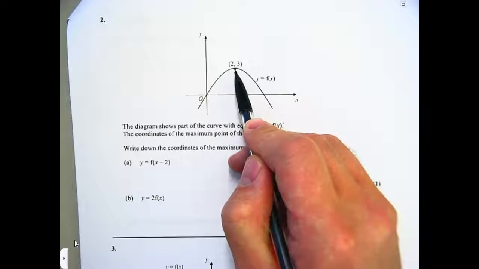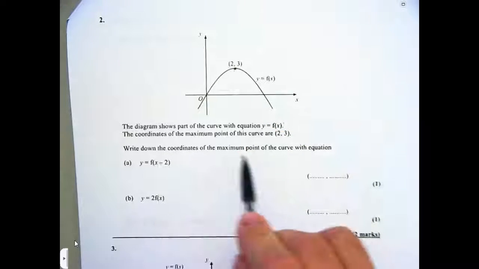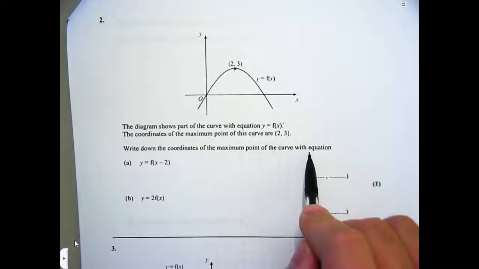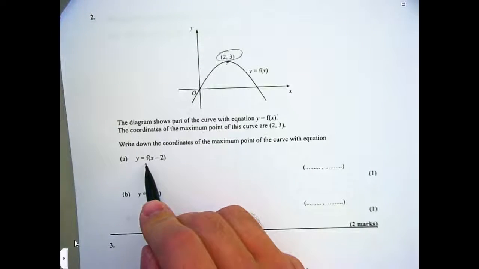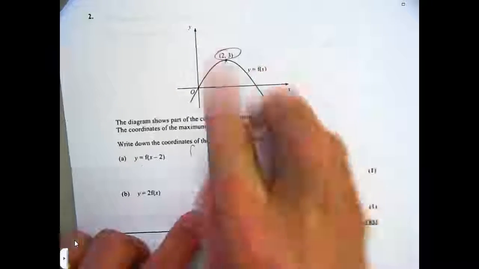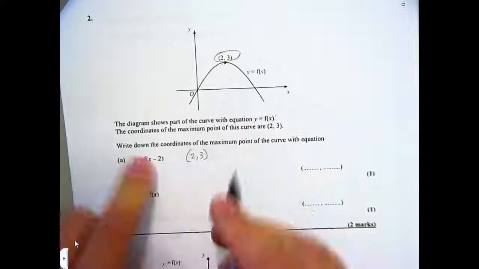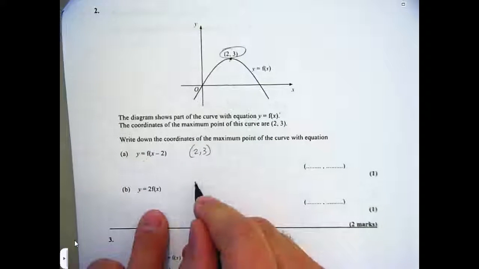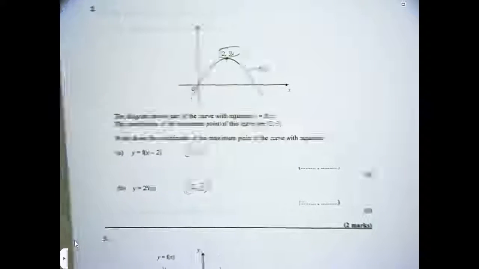Right, Brady? Brady looks pumped about it. Okay. That's our maximum. Write down the coordinates of the maximum point. So in other words, change this point when this happens. Write my new coordinates. So how does the ordered pair 2, 3 change when I do this to it?